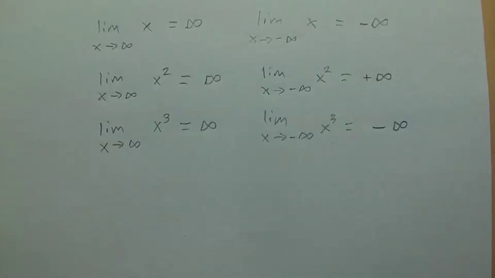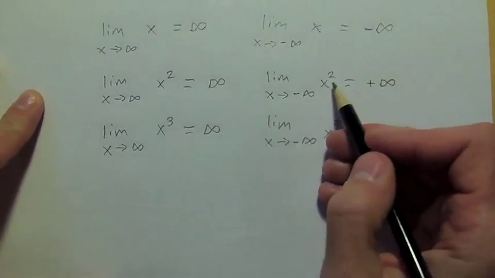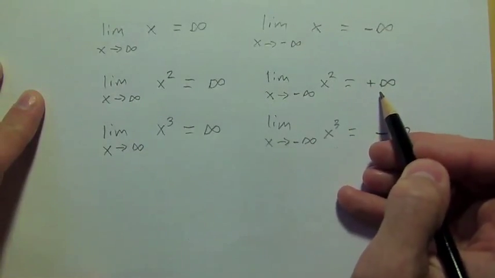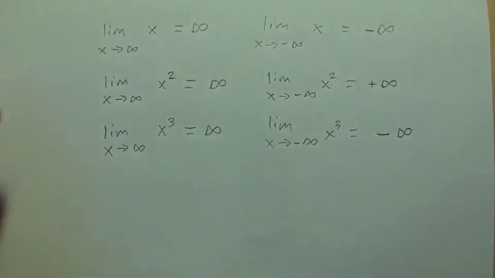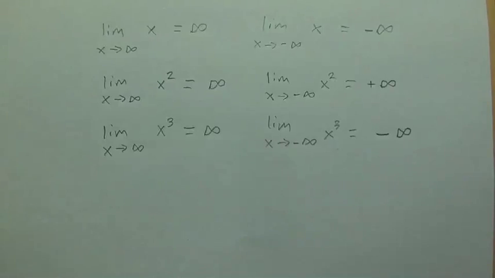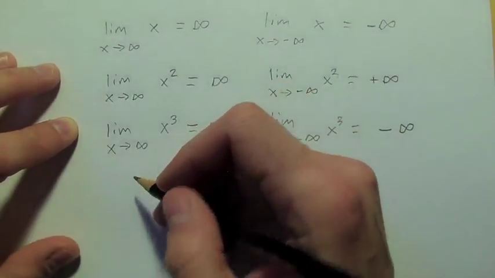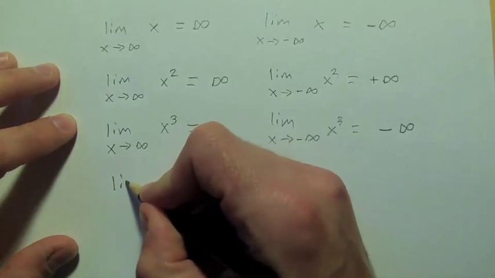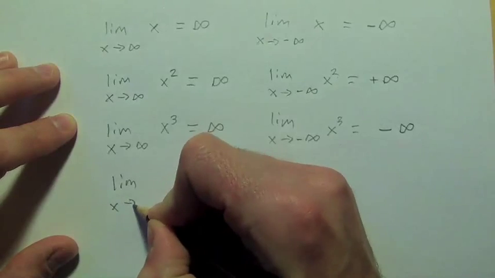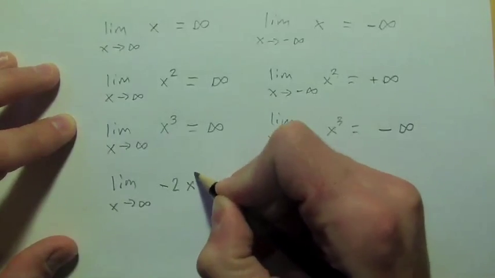Any even power is going to get rid of any of our negative signs, whereas any odd powers are going to preserve negative signs. And again, constants aren't really going to affect much, except, let's say I have the limit as x goes to infinity of negative 2x cubed.